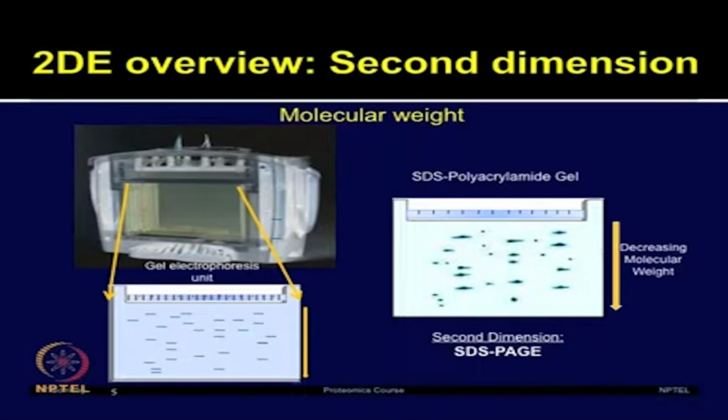In equilibration, there were two essential components, and if you recall, we talked about DTT and iodoacetamide. After the equilibration treatment, you can separate the proteins in the second dimension based on the molecular weight of the proteins. So, as you can see in the slide, you can separate the proteins in two dimensions, based on two different properties: their isoelectric point and molecular weight.